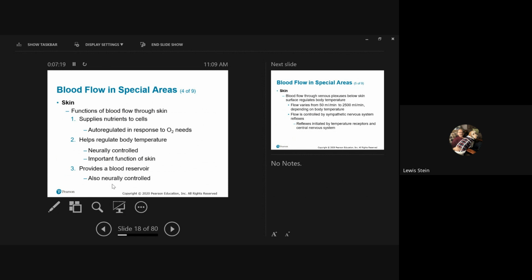So the skin is interesting, and it does auto-regulate, but it really plays an important role both as a blood reservoir and for body temperature. That's why with increased activity and exercise, we see increased blood flow to the skin. What that will do is generate perspiration. Perspiration, as it evaporates, cools the physical plant. So it's something they need to do.